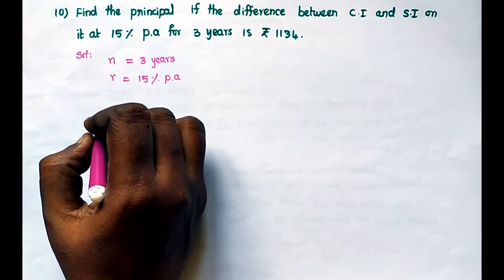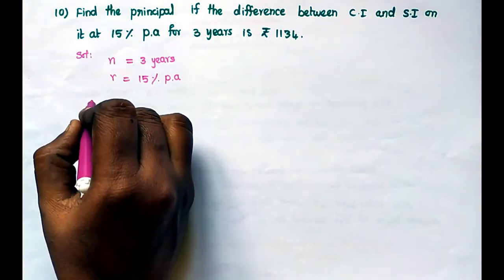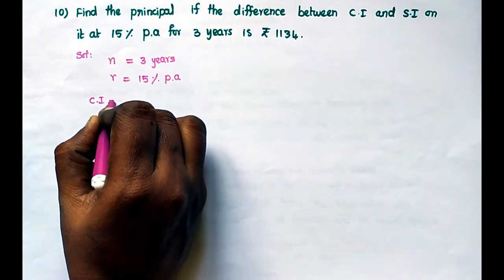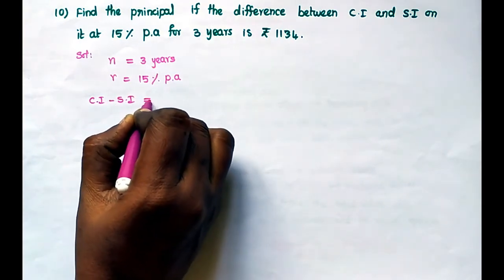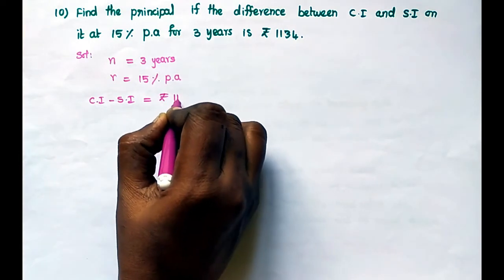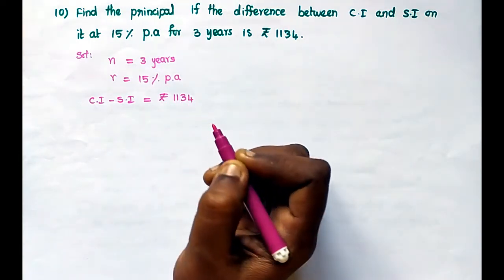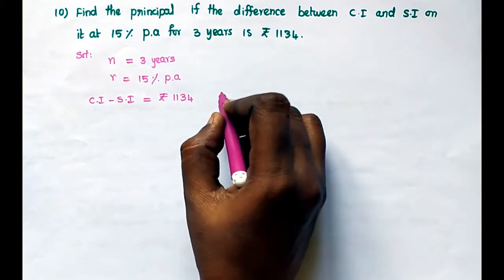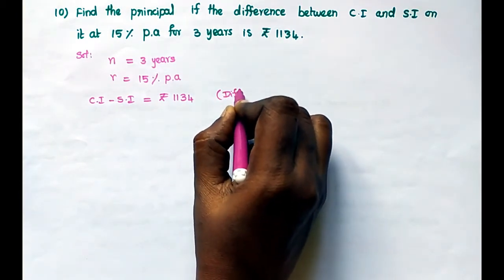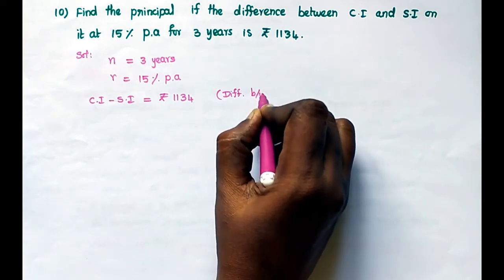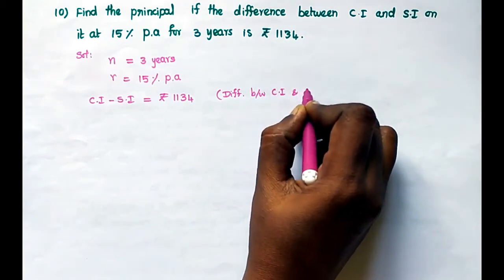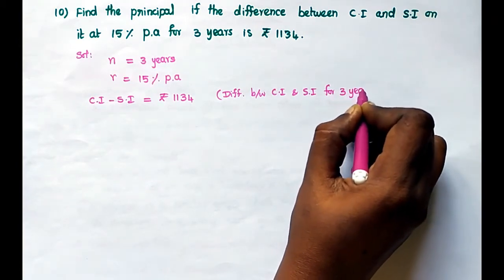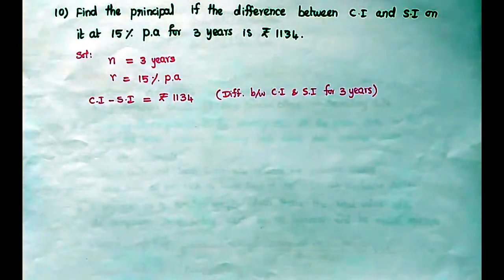and they have given the difference between the compound interest and simple interest, how much? Rupees 1134. That is the difference between compound interest and simple interest for 3 years. For 3 years, what is the formula?